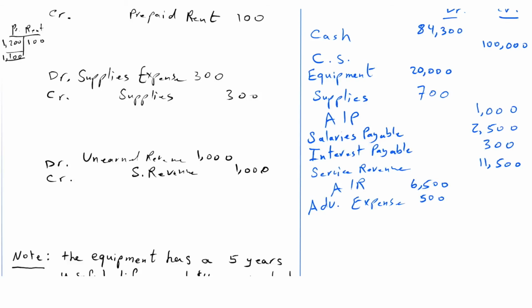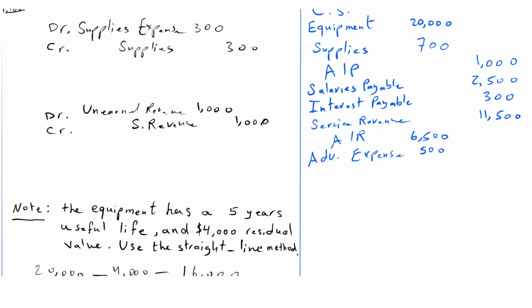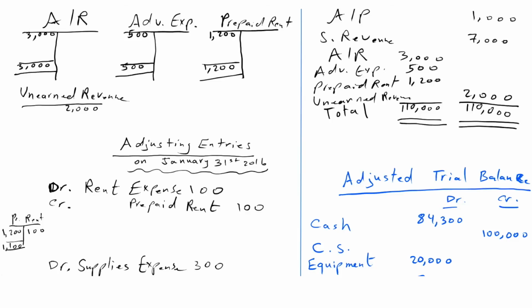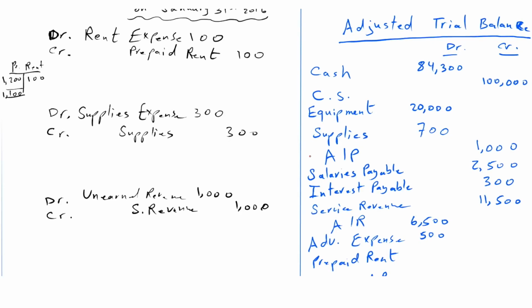And then what else do we have? We had prepaid rent and unearned revenue. The unearned revenue used to be $2,000 in the unadjusted trial balance, and then in our adjusting entries it was debited by $1,000, which is a decrease in the unearned revenue, because remember, it's a liability account.